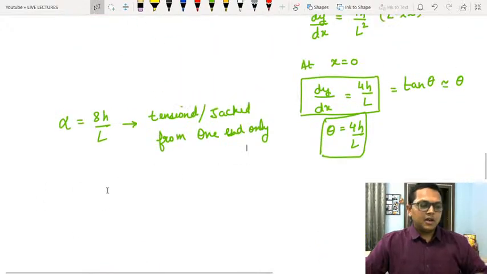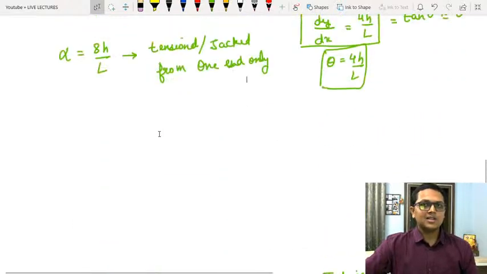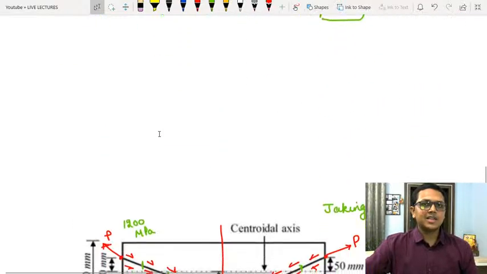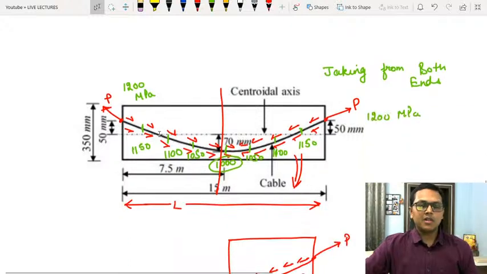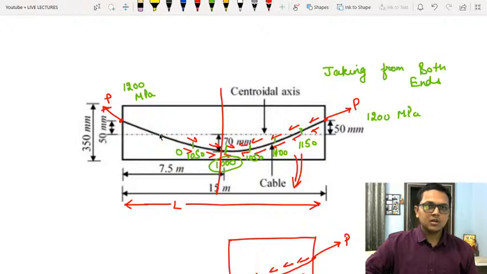Now we know the alpha when the pre-stressing cable is tensioned from one end only. Now let us see if the jacking is done from both the ends, what will be the value of alpha? We'll clear this diagram.